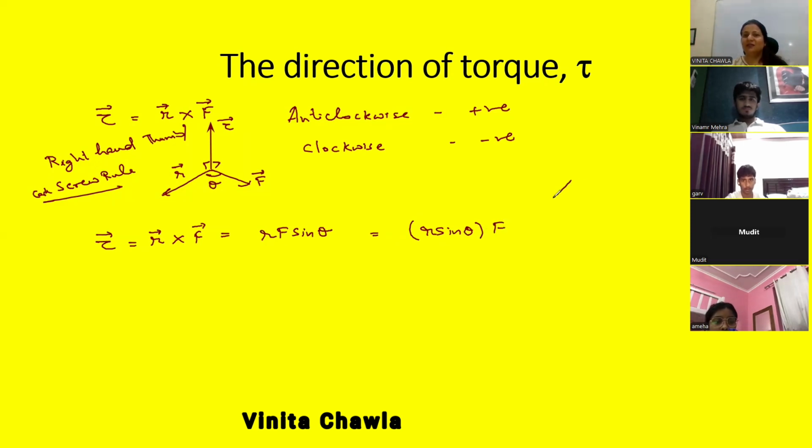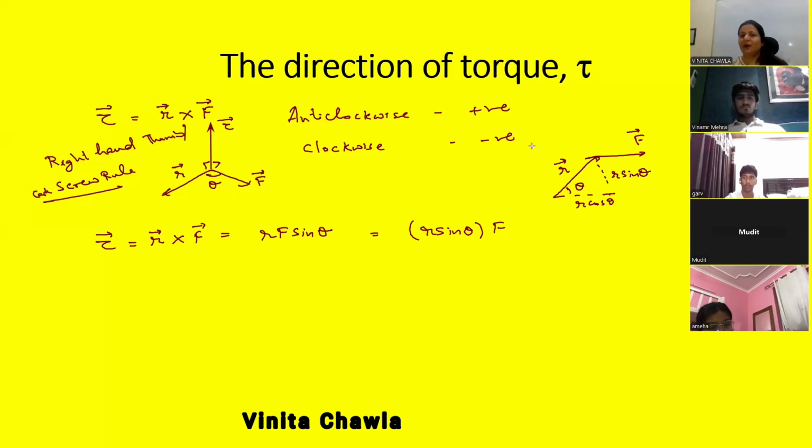If we consider this as vector r and force is acting in this direction, we can resolve this r into two components. If this angle is theta, then this is r cos theta and this is your r sin theta. Is it understandable or not?